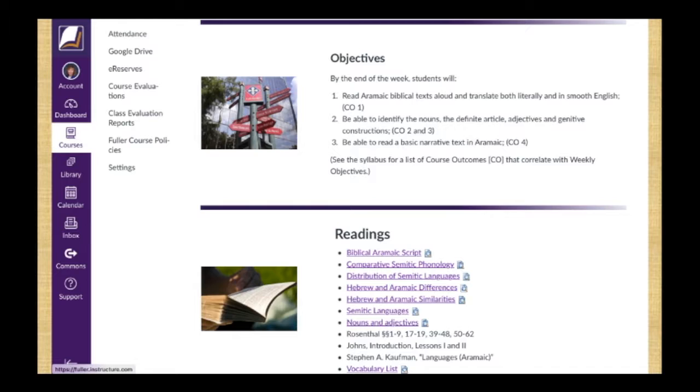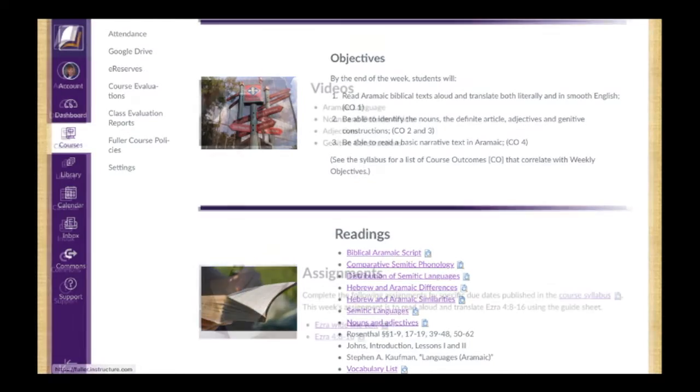Readings, whether simply a reminder of the passages in the book or links to resources, will be included. Notice that for the first week there is a vocabulary list. This will give you, for each week, the vocabulary words to memorize for your online quiz.